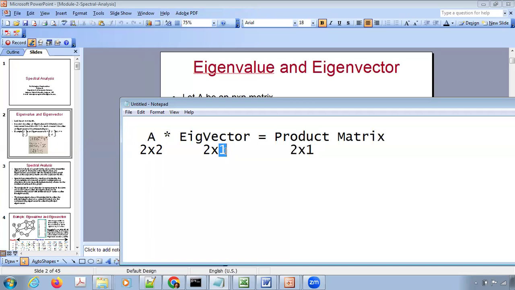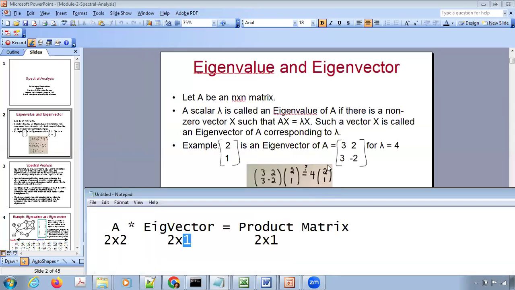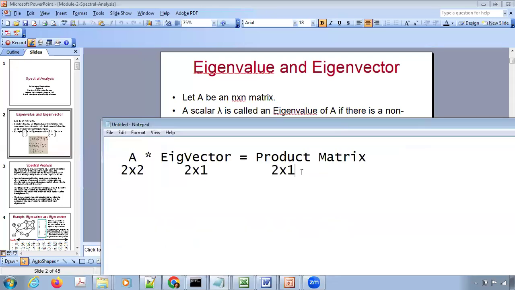If you multiply this scalar 4 times this 2, 1, which is a 2 by 1 column vector, it is basically the 4 multiplied inside each element. So 4 times 2 is 8, 4 times 1 is 4. So the 8, 4 that you get is a column vector of dimensions 2 by 1, 2 rows, 1 column. So this is the first thing that we have to check here.